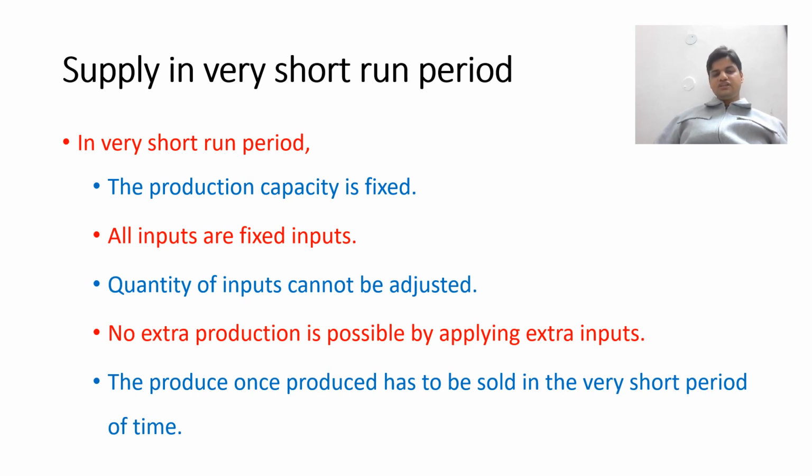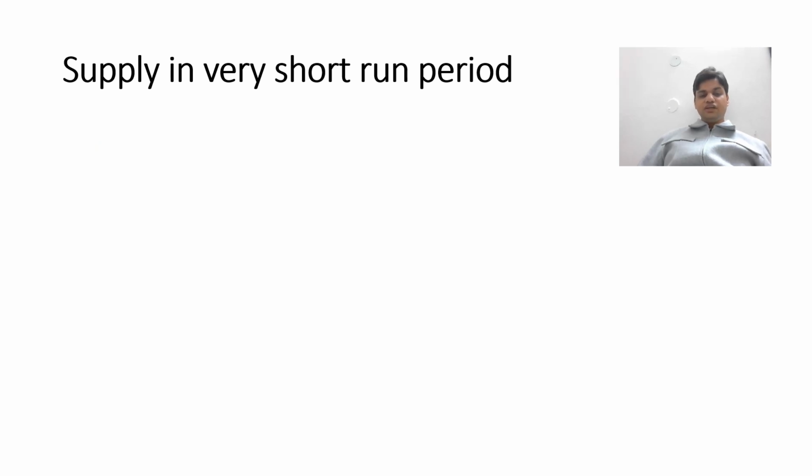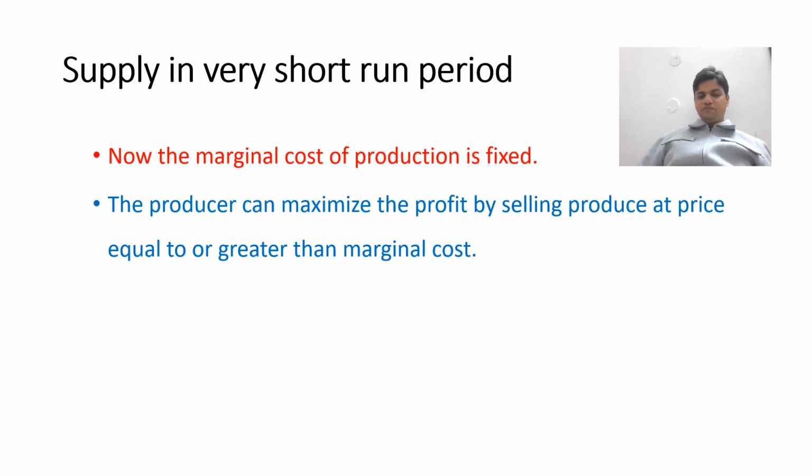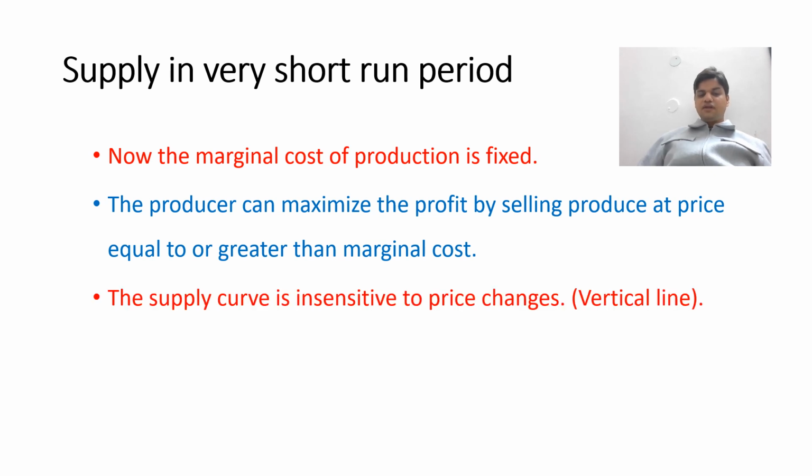So in such a scenario, the supply is fixed. So the marginal cost of production is fixed. The producer can maximize the profit by selling produce at price equal to or greater than the marginal cost. The supply curve is insensitive to price changes, so it's just a vertical line.